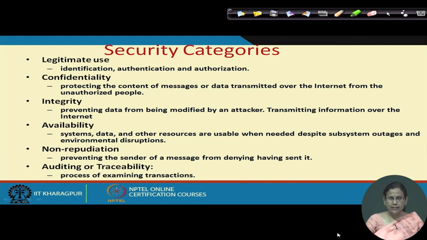To cite one example, let us say you are trying to log in to your banking system and you provide your username and password, you get identified. Then, understanding whether you are the right person at this end is actually authentication.